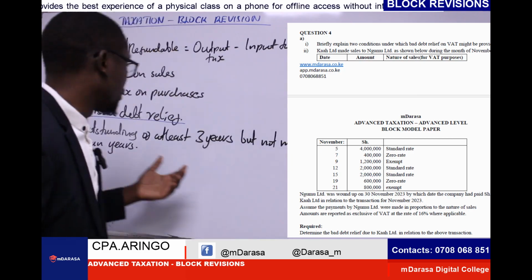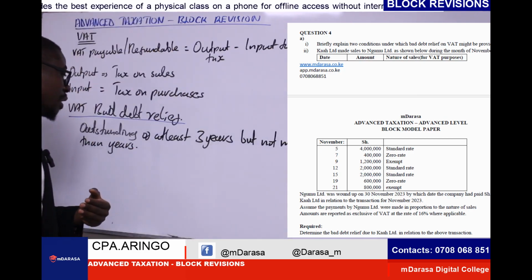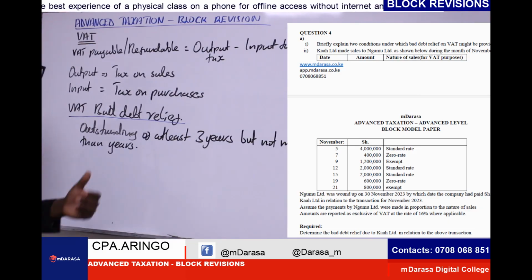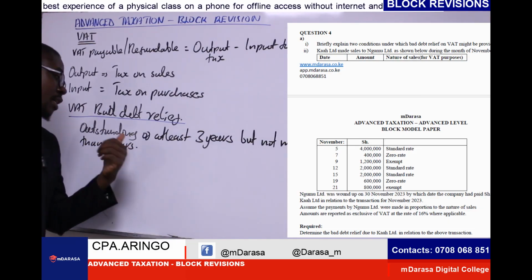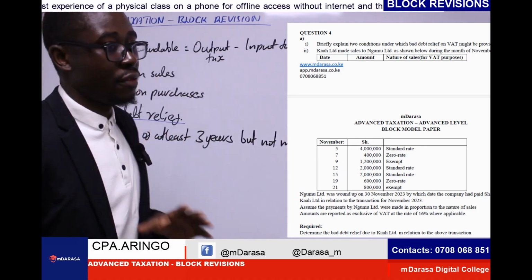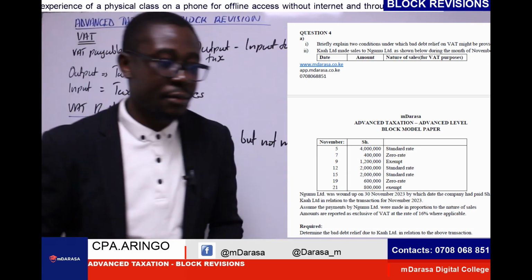Or condition number two, the outstanding amount must be of at least 3 years, but not more than 5 years. So these are two main conditions that we should always have in mind.